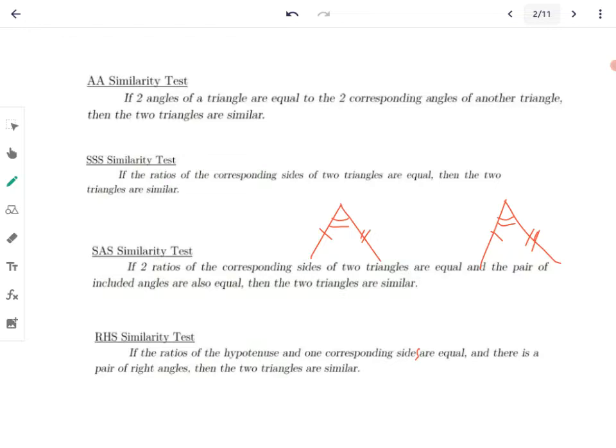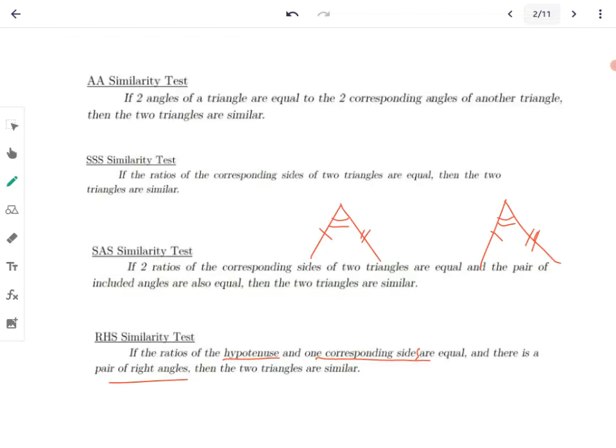But it is also worthy to note that not all right triangles can be proven using the RHS similarity test. It must satisfy the hypotenuse, one corresponding side, and a pair of right angles. If these conditions are not satisfied, then we cannot use the RHS similarity test.